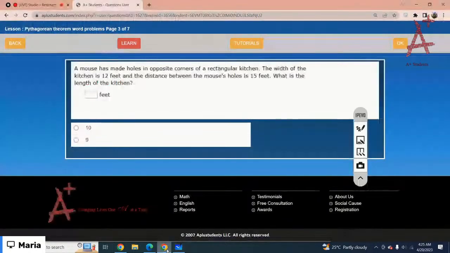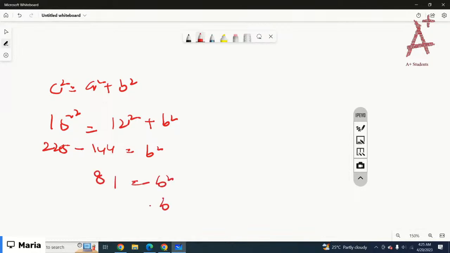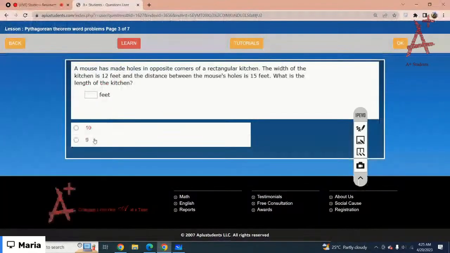So it would be 15 square equals 12 square plus b square. It would be 225 minus 144 equals b square. 81 it is. That means the missing side length b equals 9. Got it? So the correct option is 9.